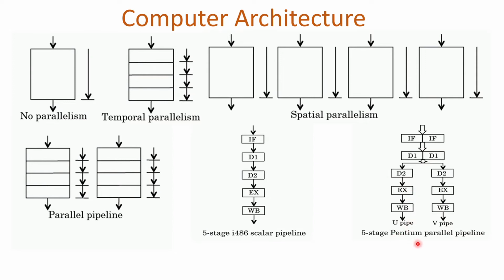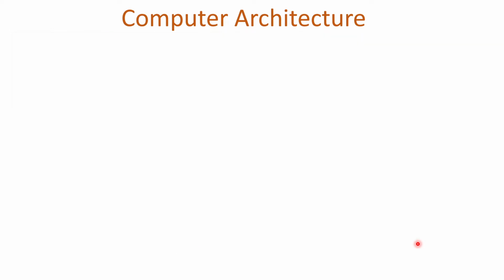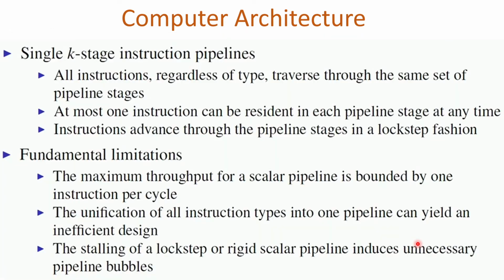Now if we try to think of a solution for point number 2 that we had, this unification of all the instruction types into one pipeline can yield an inefficient design. This is what we have discussed: each and every instruction does not require all the stages.